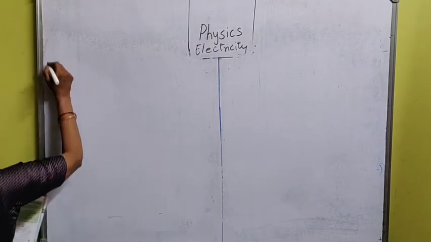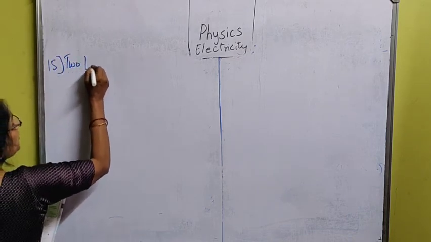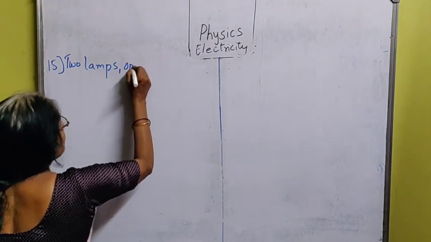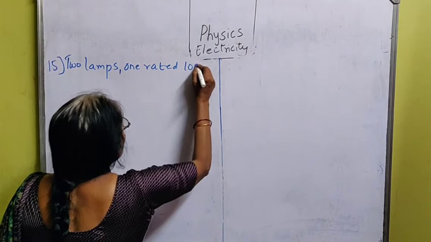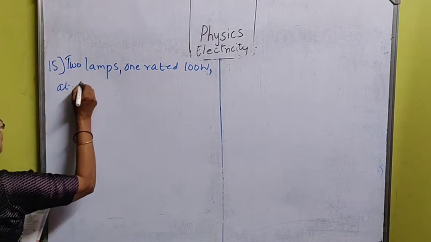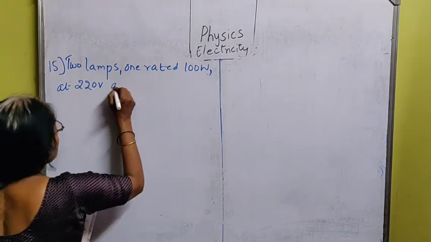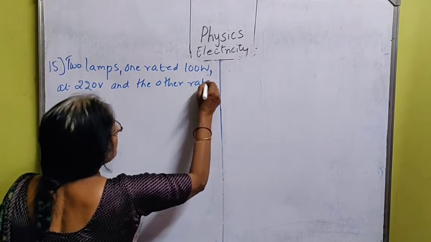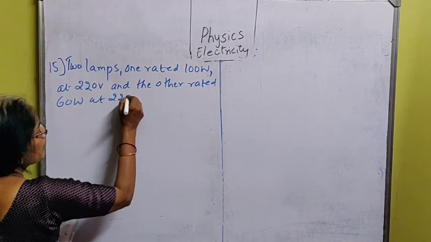Now we will start sum number 15. What is sum number 15 given? Let us see. 2 lamps, very important, 2 lamps are there. One is rated 100 watt at a potential difference of 220 volt, and the other bulb is rated 60 watt at 220 volt.